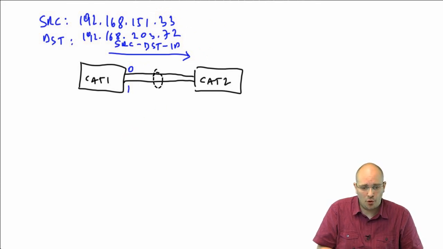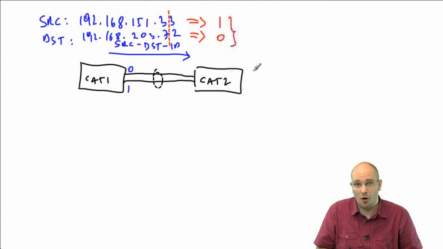Well, let's borrow these bits here. Now, you may recall from the previous example that if this IP address is odd, the last bit will be 1. And if this IP address is even, this last bit will be 0. So in this case here, we have value of 1, 0. But we need only one bit because we have only two links.